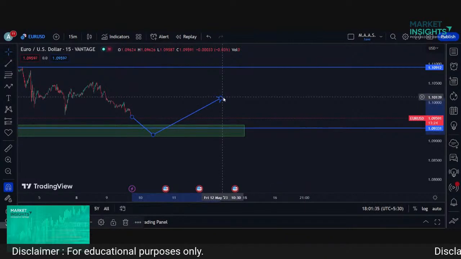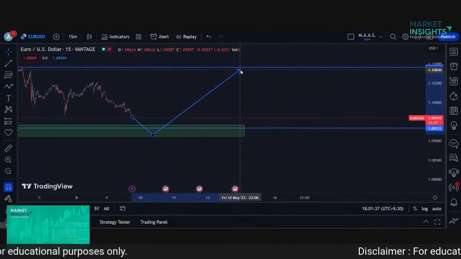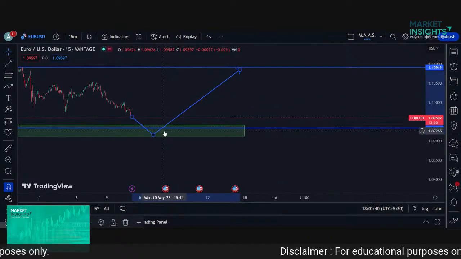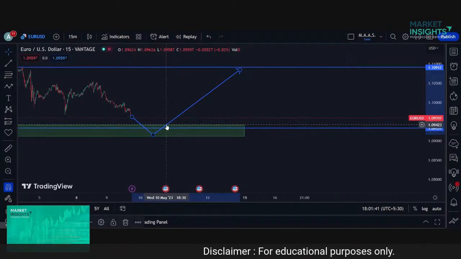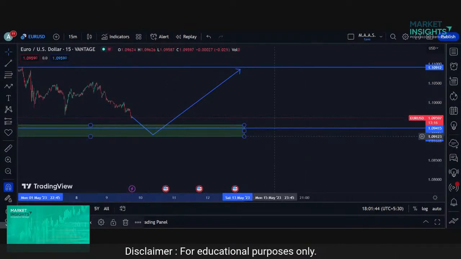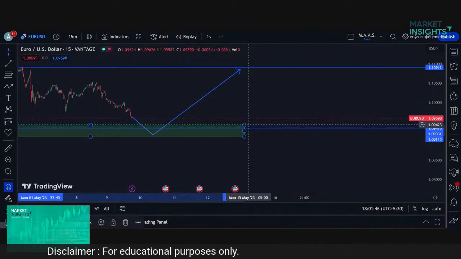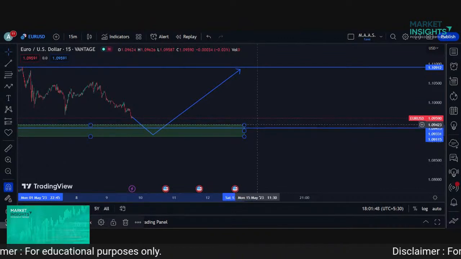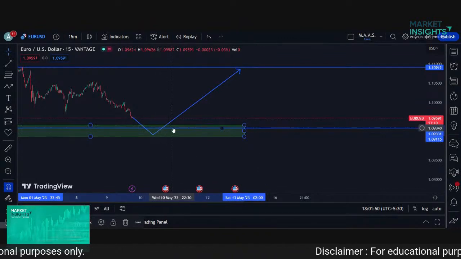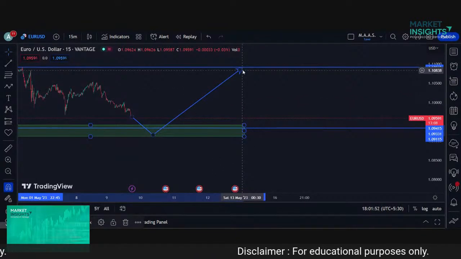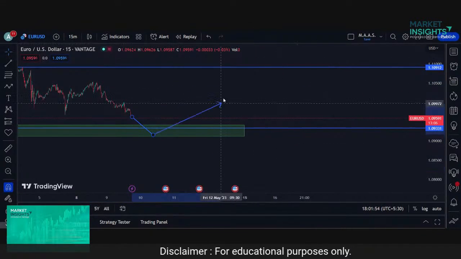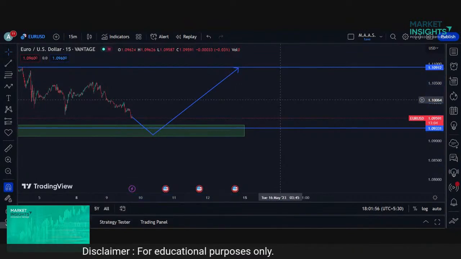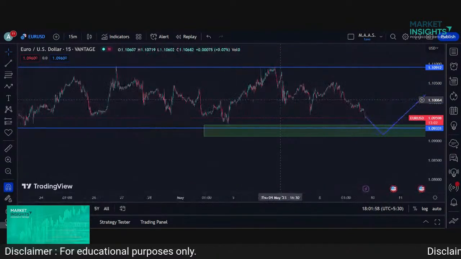So let's say it enters the zone, and when it reverses, it crosses this upper range, then you can understand that yes, there is a positive break in the asset and it has moved up. Now upside resistance can be anything, you can search that out. That is a discussion for some other day.